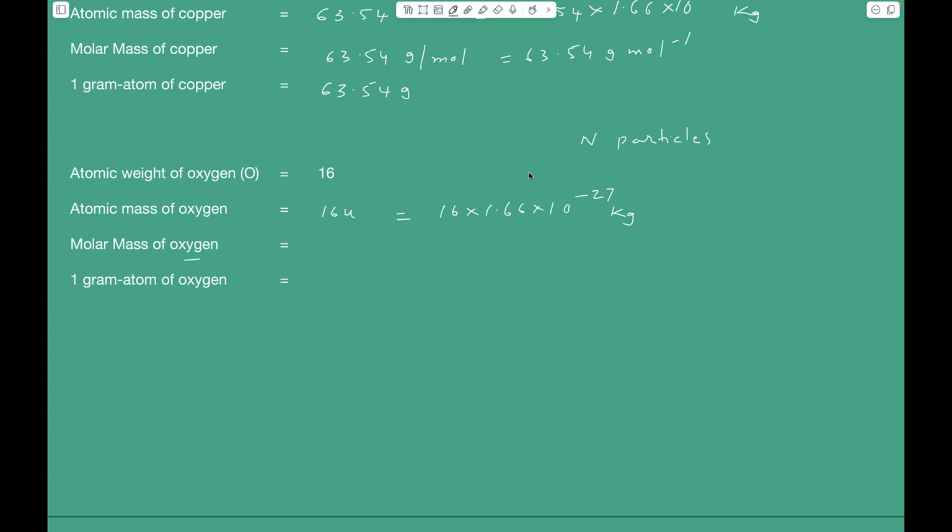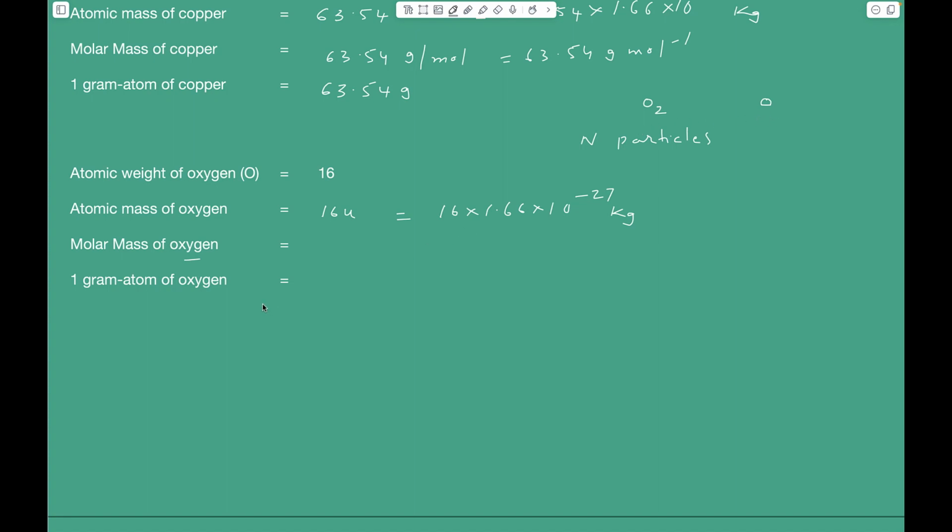Now what do we mean by particles in case of oxygen? Oxygen under normal conditions is composed of oxygen molecules, and each oxygen molecule consists of 2 oxygen atoms. It is diatomic. But under some circumstances, oxygen is composed of oxygen atoms. So when you say oxygen particles, are we talking about oxygen molecules or oxygen atoms? So there is some confusion here.